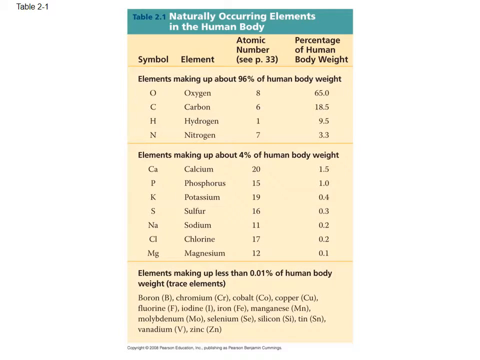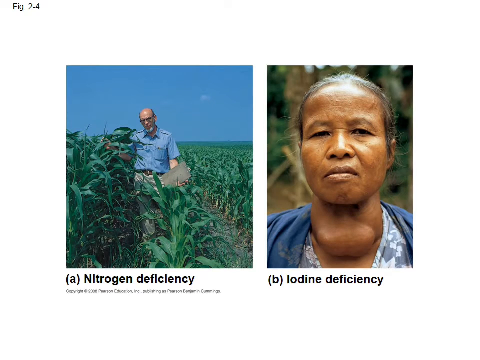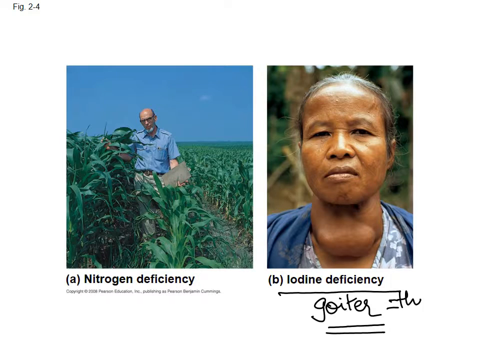Okay, so this is a list of all the essential elements that are present in the human body. Okay, this is a woman who is suffering from iodine deficiency, and she has what you call goiter, wherein her thyroid gland has swollen up.